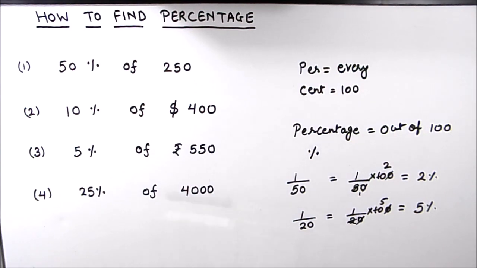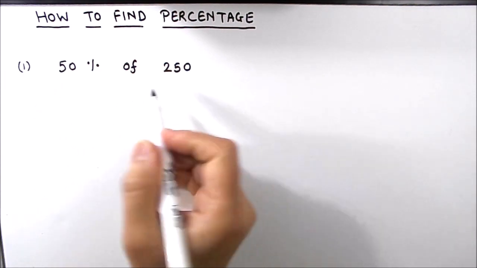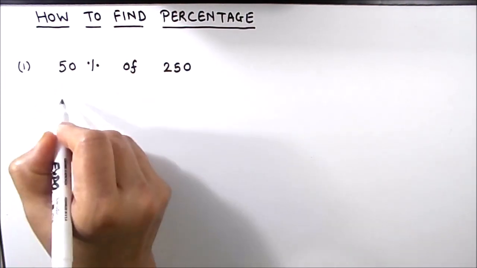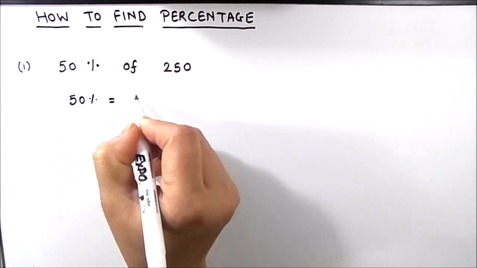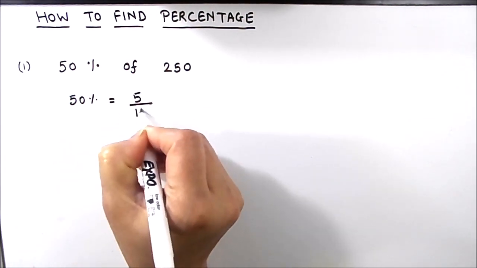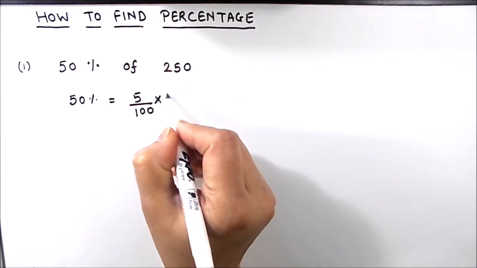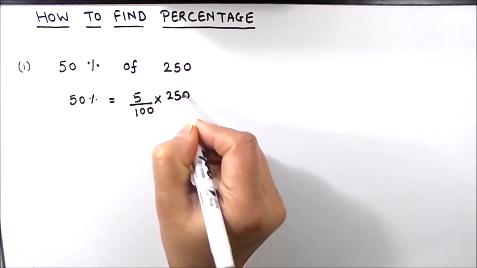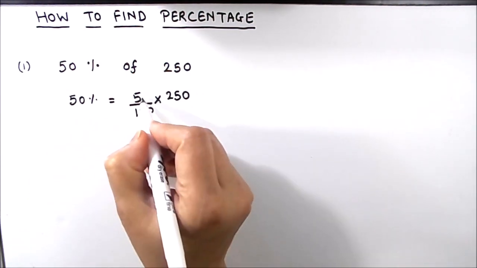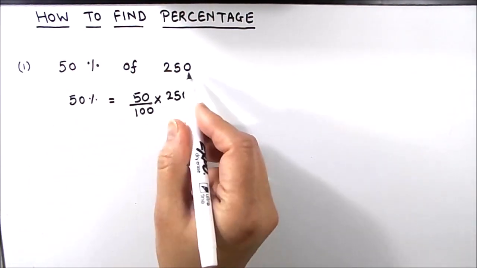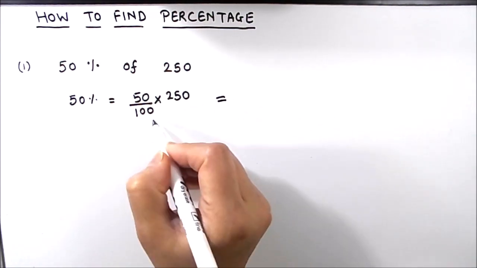So let's come to our main topic, which is to find the percentage of any number. Finding the percentage of any number is very easy. You know that 50% means 50 by 100. Of means multiplication, and 250 is the number we are finding 50% of. So 50% of 250 will be 50 divided by 100.